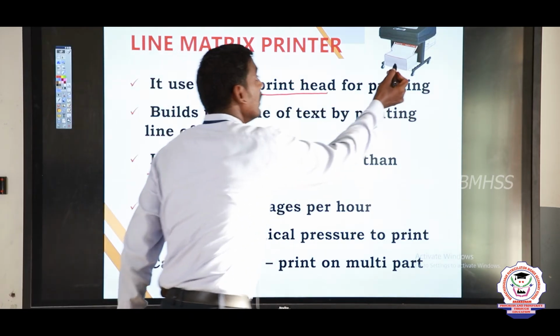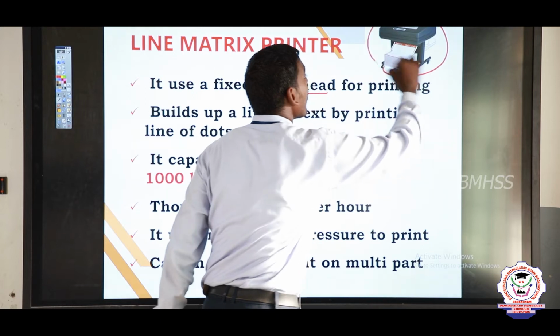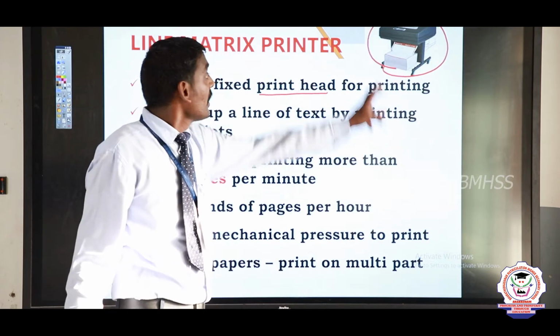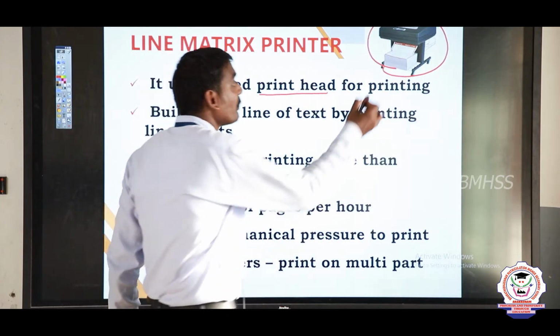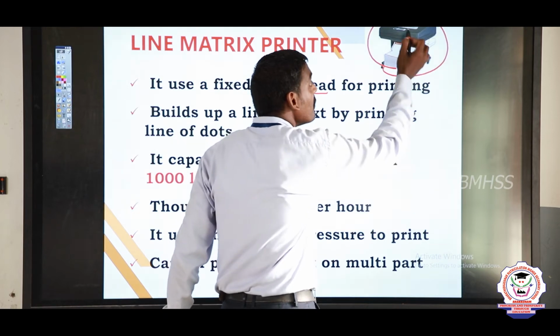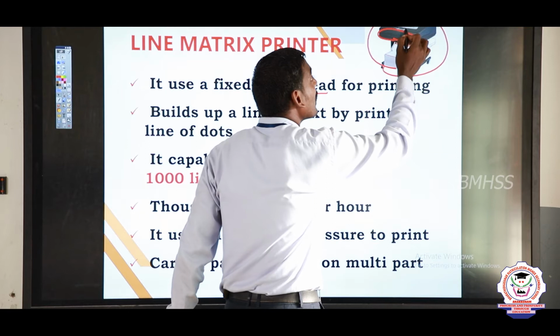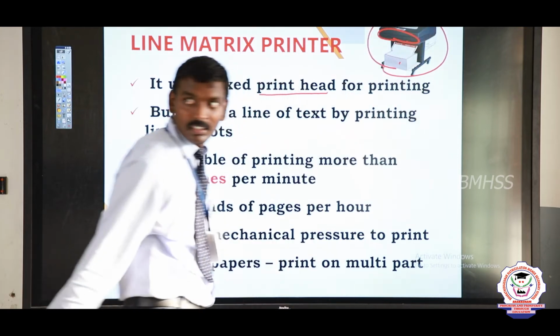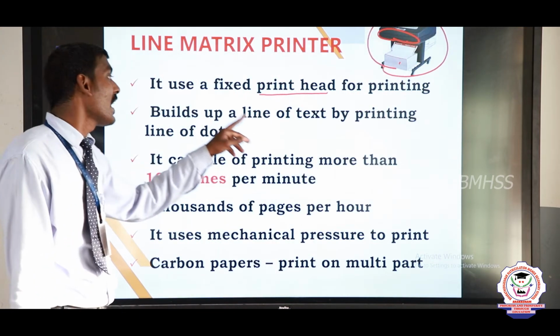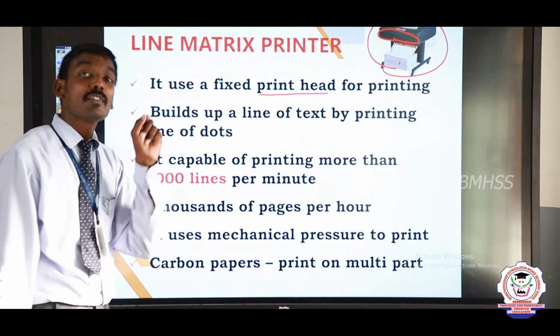How is the print head an essential part? Here is an example diagram of a line matrix printer. These papers are stored here. They can be taken and printed. With this, the printer can print line by line. Yes, and it builds up a line of text by printing a line of dots.